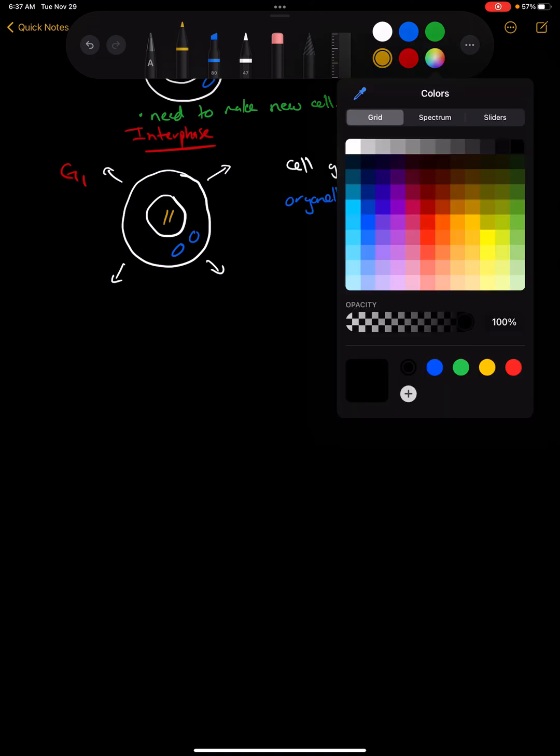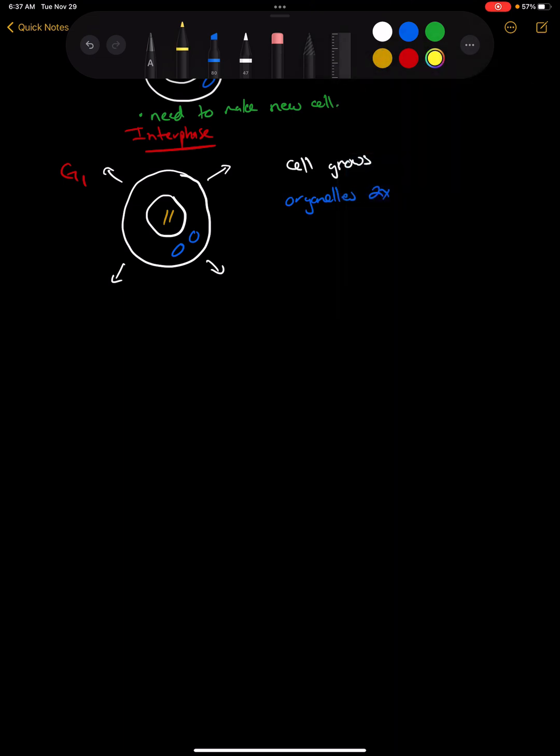Now, real quick, this is kind of one of those alarm situations. Hey, I just doubled something. That means I need to make sure I doubled it correctly. This is called a checkpoint. A checkpoint is exactly like quality control. I want to make sure that I doubled my organelles correctly, and so I go to a checkpoint. If I pass the checkpoint, I get to move on.